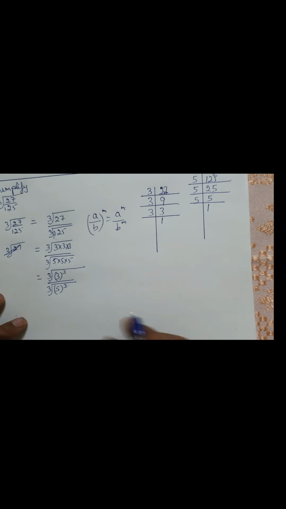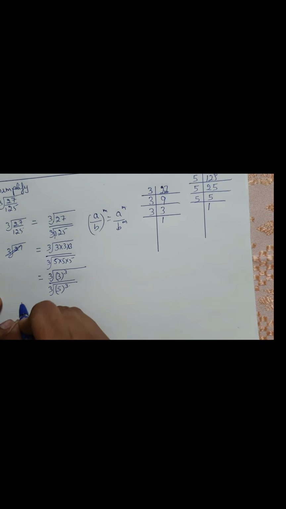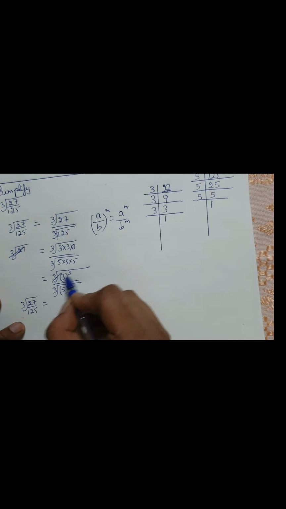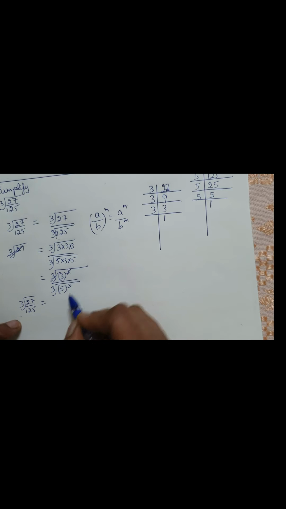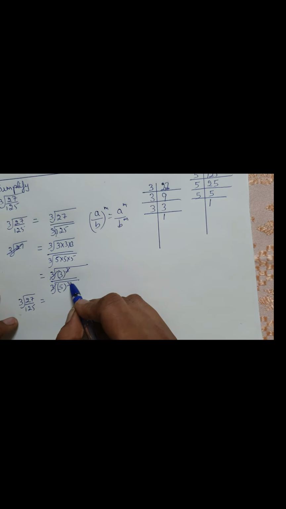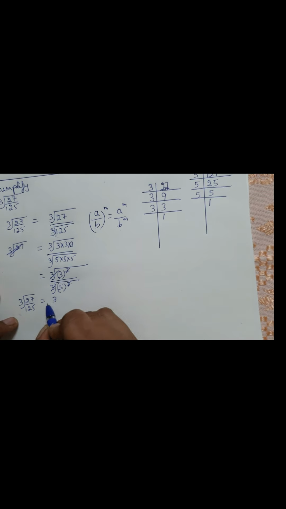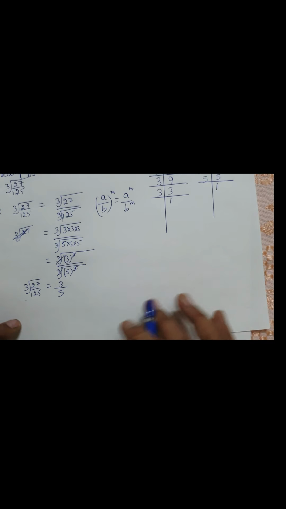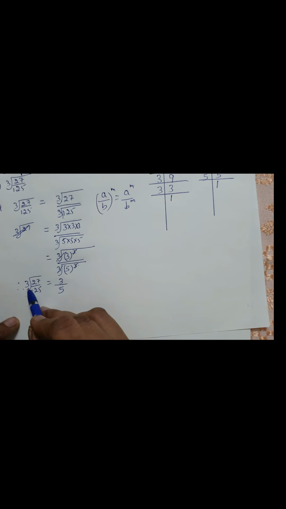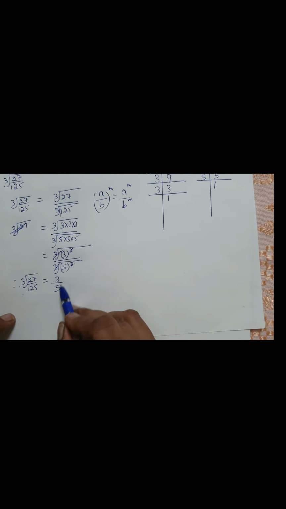Now we write the final answer. This cube root will get cancelled with this cube, and this cube root will get cancelled with this cube. So what remained? 3 upon 5. Therefore our answer: cube root of 27 upon 125 is equal to 3 upon 5.